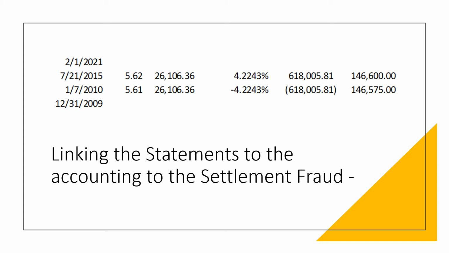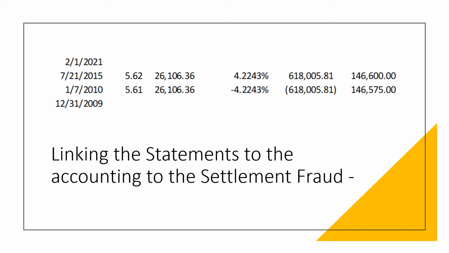What's interesting is 5.62 years at that annual payment equals 146.6. 5.61 years at that annual payment would equal 146,575.